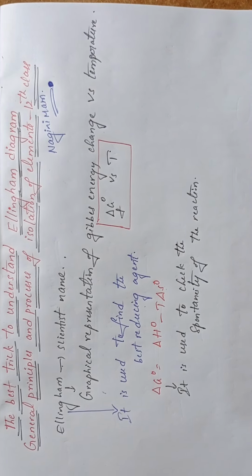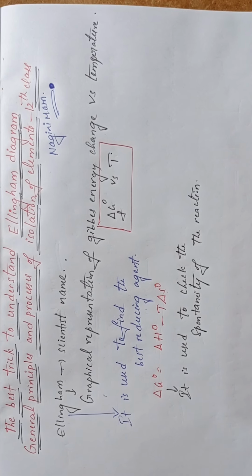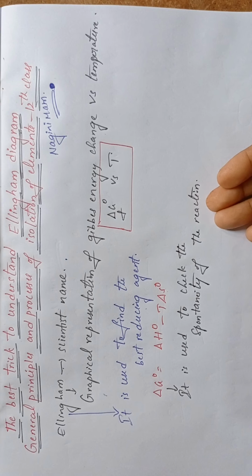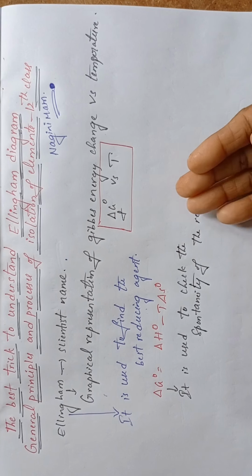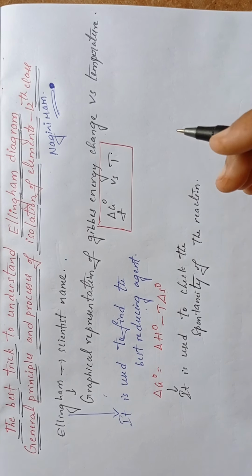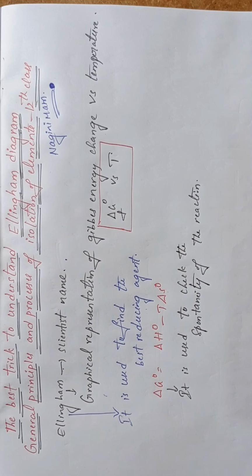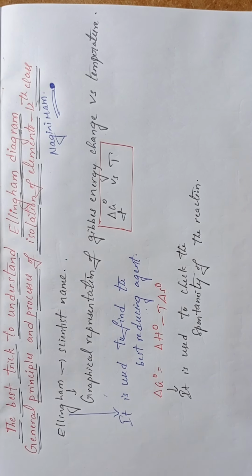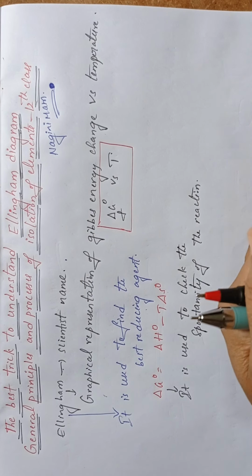It does not predict the speed or rate of the reaction. It only indicates whether a reaction is possible or not, that is, whether the reaction is spontaneous or non-spontaneous.